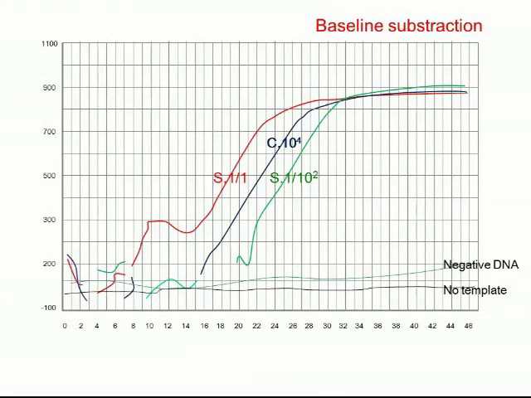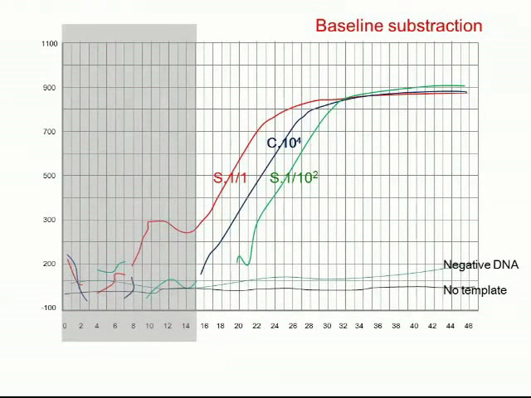The first step is subtraction of the baseline, which is noise caused by the changing reaction condition and environment. This is seen around the 3rd to 15th cycle, before a significant amount of amplification starts after this step.